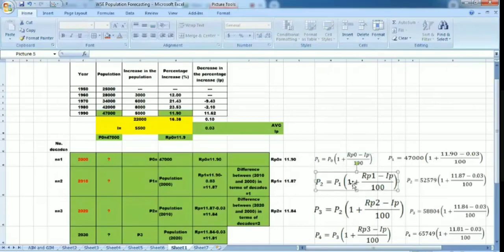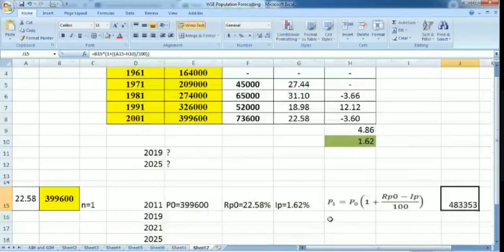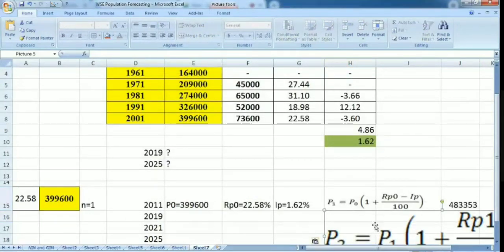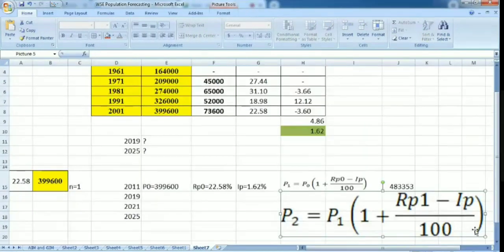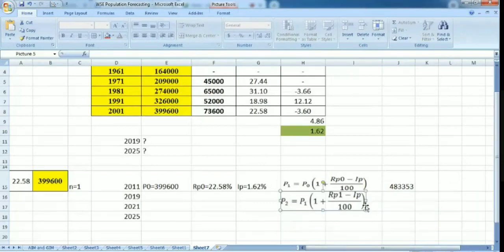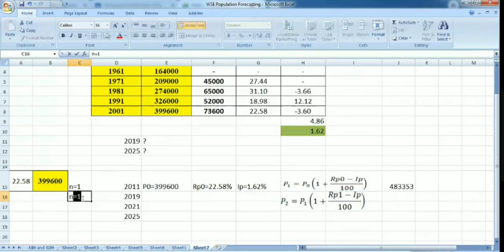What is the second formula we have? We have the second formula as P2 is equal to, right? Now in this case it is not exactly P2 because n is not equal to 2. What is the n value here? N is 1.8.